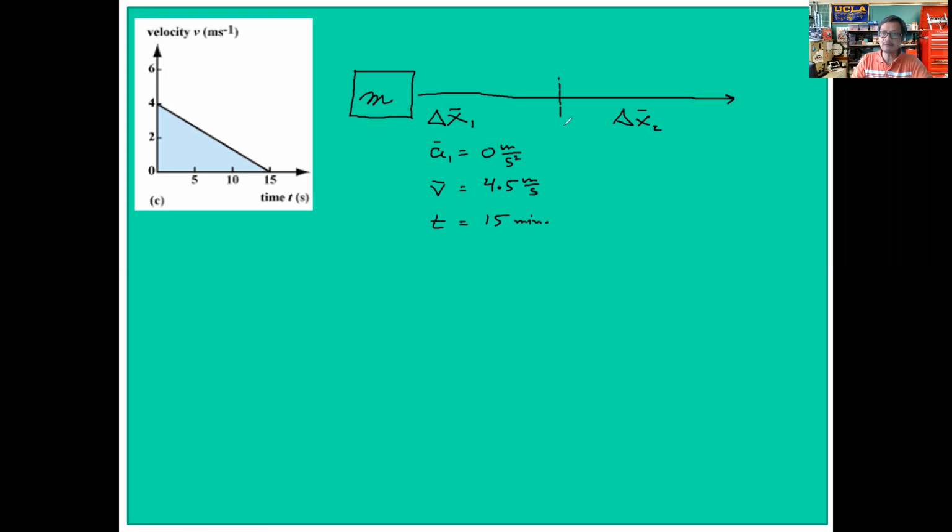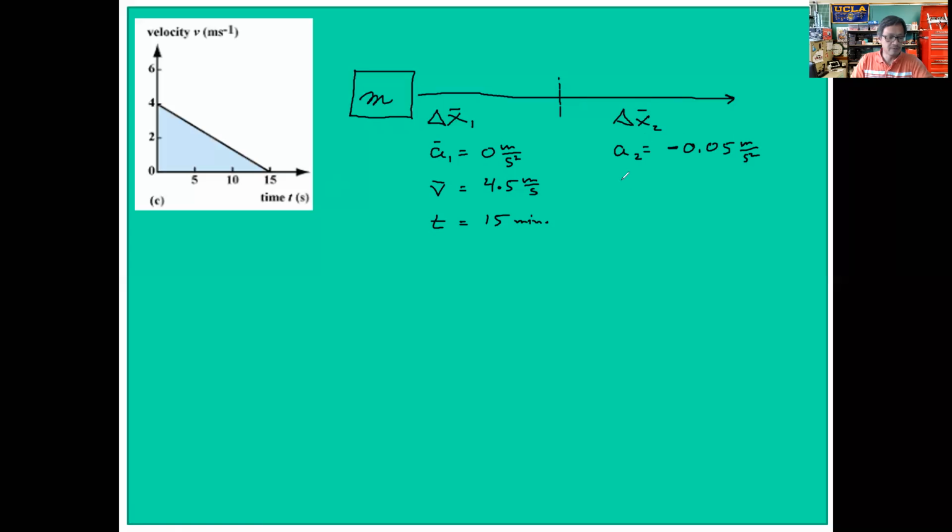Then at the end of 15 minutes, he changes the way he moves. He undergoes a displacement here, delta x2, in which he has an acceleration of 0.05 meters per second squared, and we said that's negative because he's slowing down. Velocity is positive.